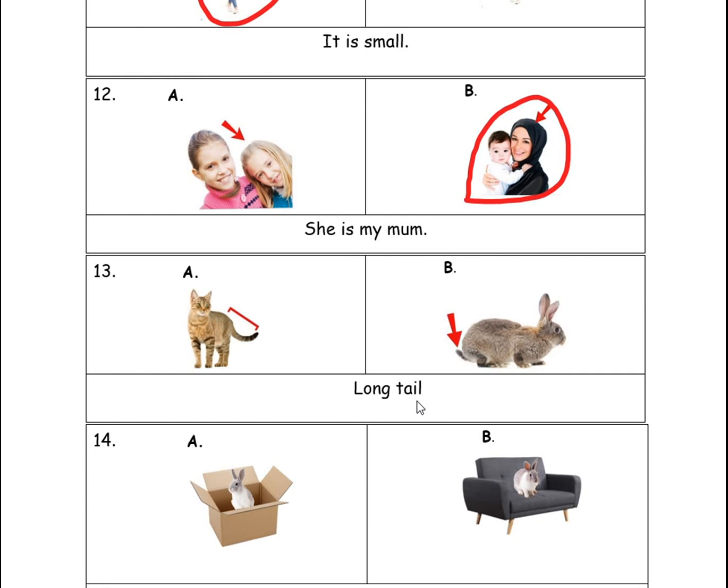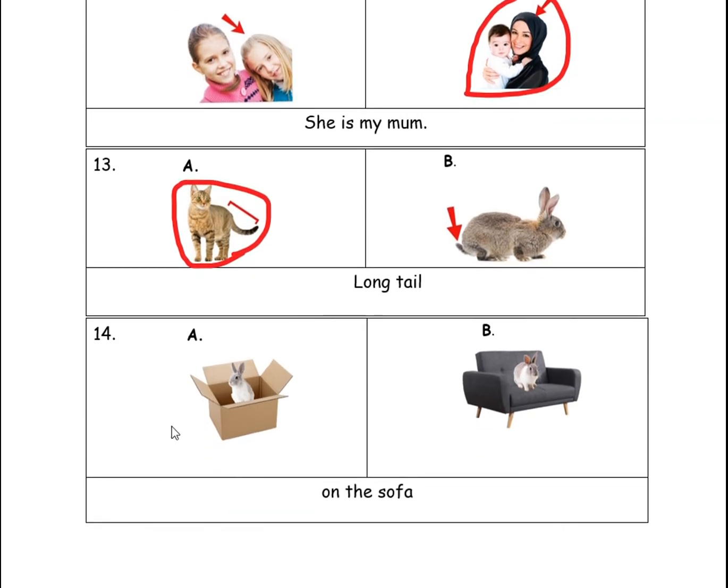So the cat has a long tail, but the rabbit has a short tail. So we circle the picture of the cat. Number 14, on the sofa. So look at the rabbit. Here it is in the box, but here it is on the sofa.